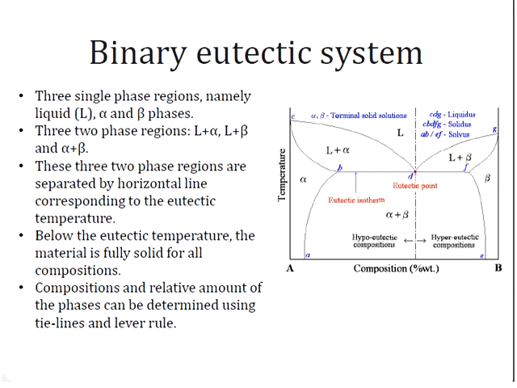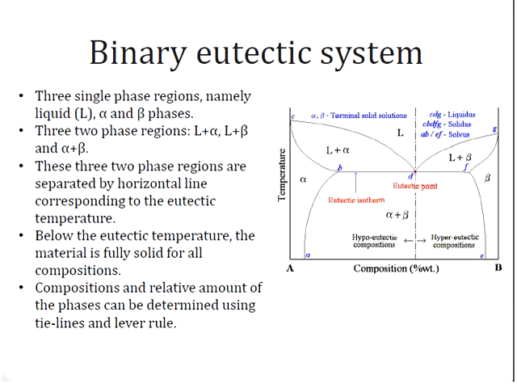The two phase regions are separated by a horizontal line that corresponds to the eutectic temperature. This is what we call the tie line. Below the eutectic temperature, the material is fully solid for all compositions. The compositions and relative amounts of phases can be determined using the tie line and lever rule, as we discussed earlier.